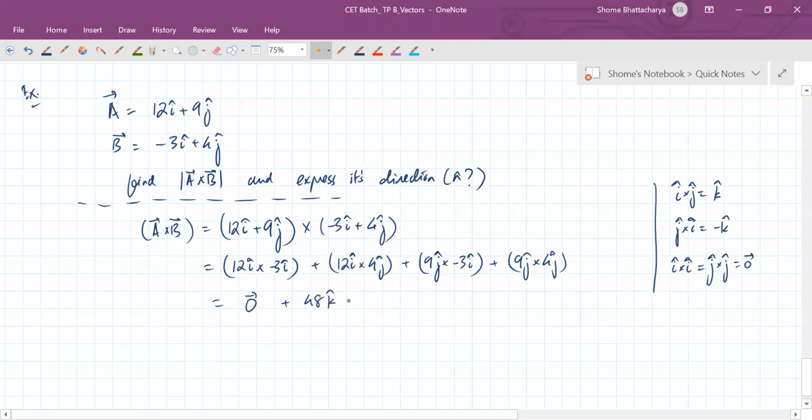This term will become minus 27 into minus k cap because j cross i is minus k cap, and finally this term will again become 0. So we will have 48 plus 27 k cap. So we will have 75 k cap. So that becomes our A cross B.